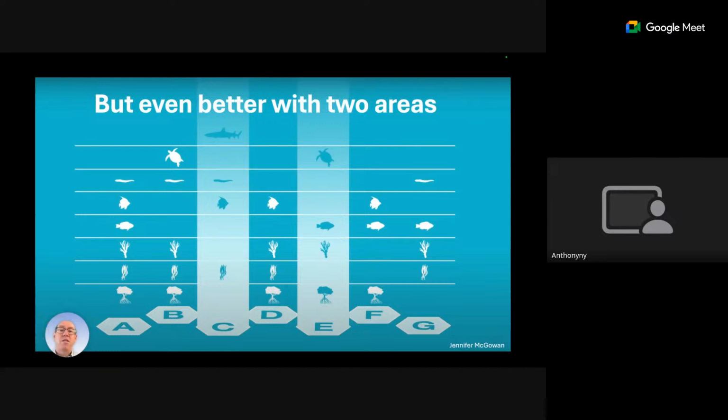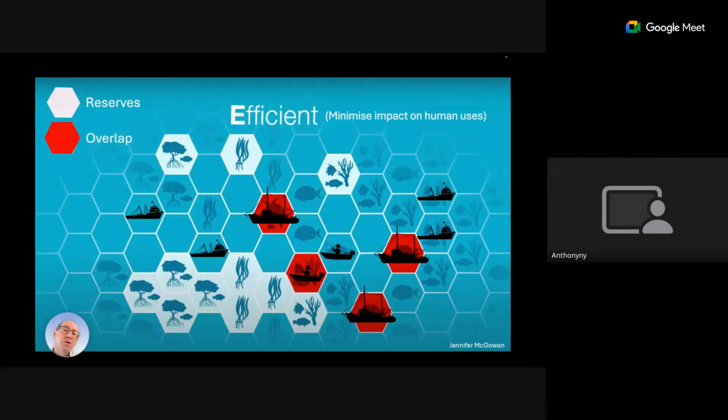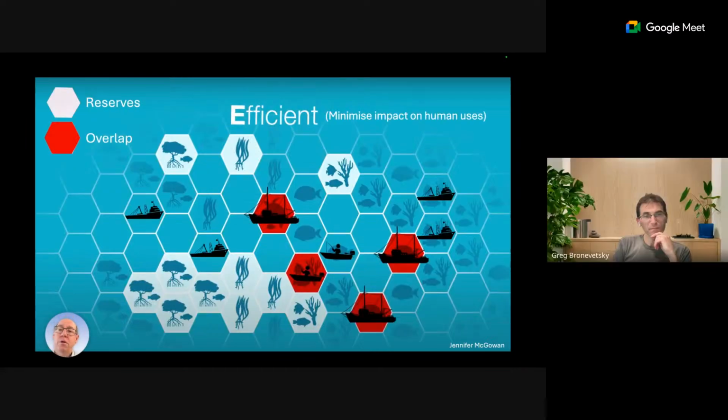And that would be C and E, for instance, because you can see they're complementary. So just with 2 areas, we can get all the biodiversity. So that's one of the philosophies in marine spatial planning when we're trying to conserve biodiversity: it needs to be representative, but it also needs to be efficient.